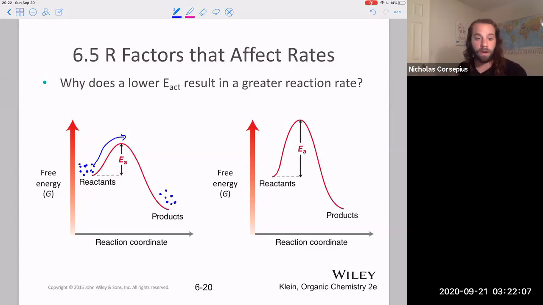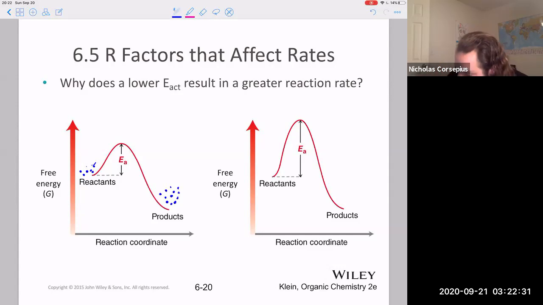Where does that energy come from? Largely from temperature, right? So increasing temperature will increase the ability for these guys to jump over this hump. This is the activation energy. So we can depict the rate of a reaction, or reaction kinetics, based on the height of that barrier.